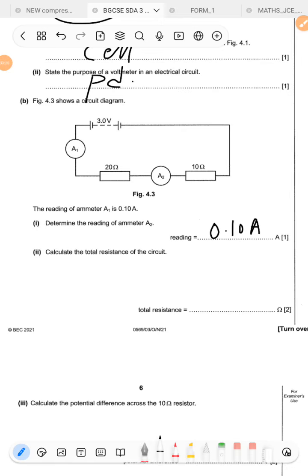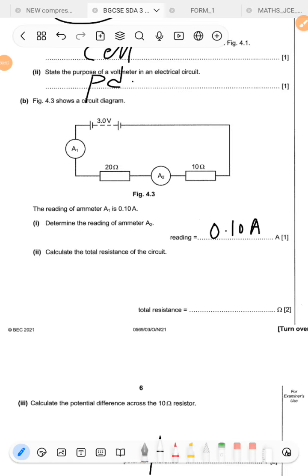Part 2 says, calculate the total resistance of the circuit. So how do we calculate the total resistance of the circuit? In a series circuit, resistance is added.